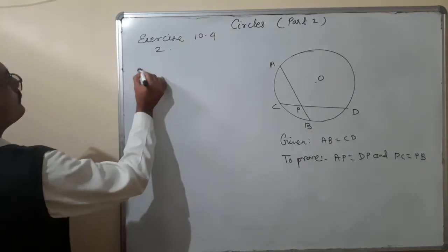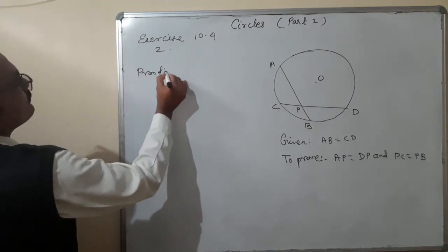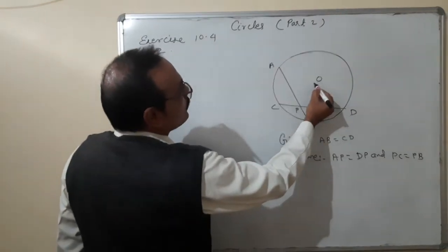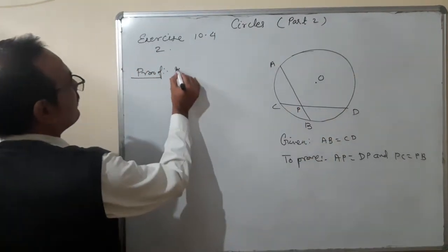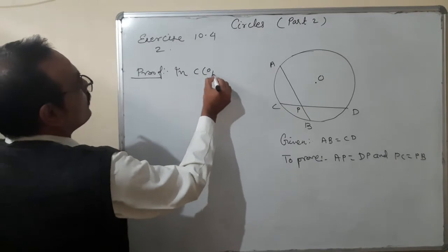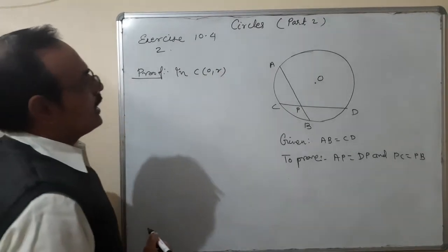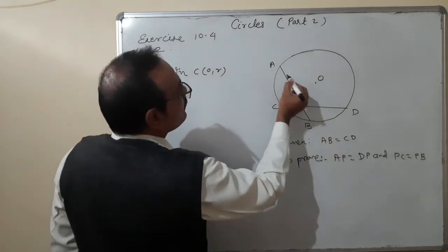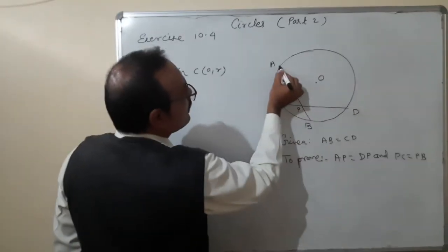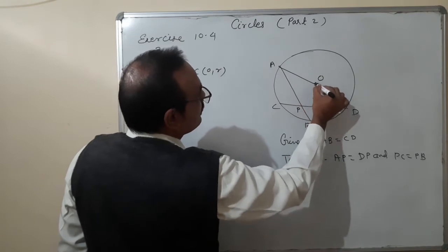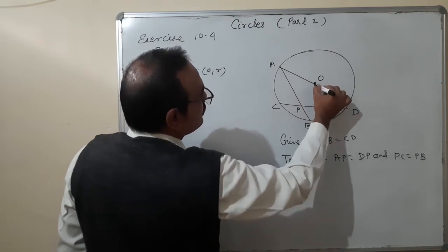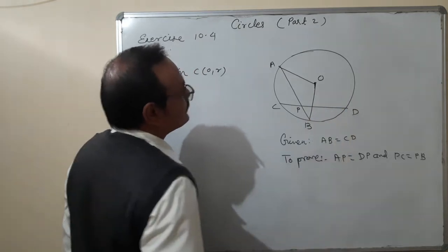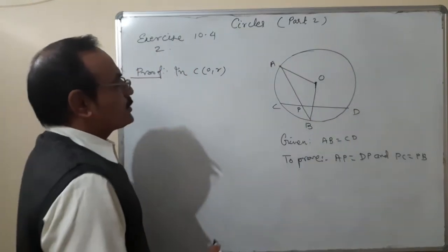Proof. O is the center of the circle with radius R. I can join O to A and O to B. Here what should be done?